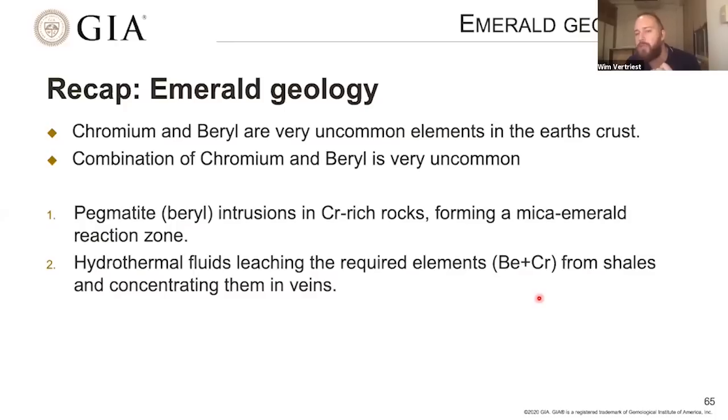And the two environments where we most commonly see that is where we have a pegmatite, beryllium source intrusion in a chromium-rich rock. And where those two meet, we will form a reaction zone where our emeralds can grow with a beautiful green color because of the chromium, and the beryl because of the beryllium from the pegmatite.